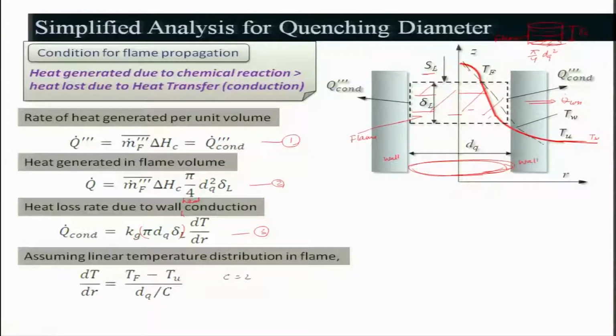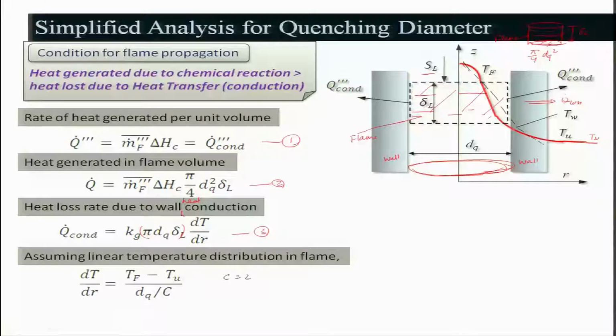But however, this is an approximation. To get this dT by dr, you would have to invoke the conservation of energy equation and solve it numerically or analytically, which is quite difficult.